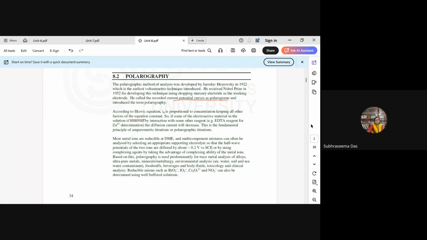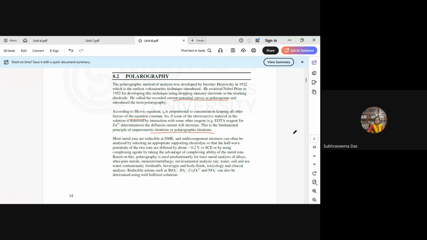So if some of the electroactive material present in the solution is removed by interaction with some other reagent, let us say EDTA, which is a common reagent, then the diffusion current decreases.